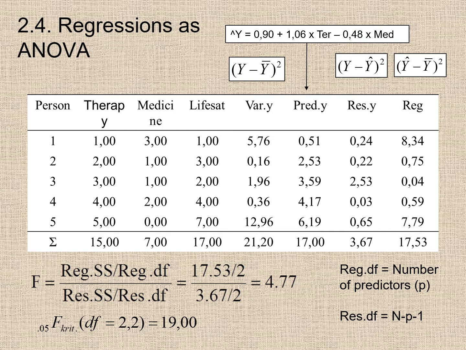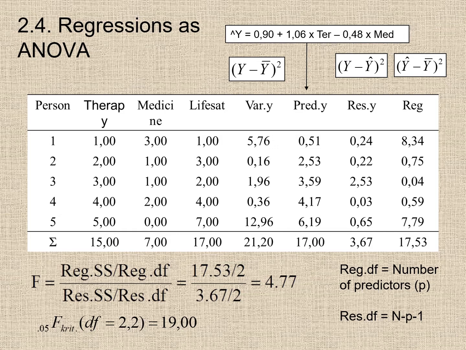If the R square in the population actually is 0, what do we expect this F ratio to become? More or less 1. If the amount of explained variance in the population actually is 0, we expect this to be more or less 1.